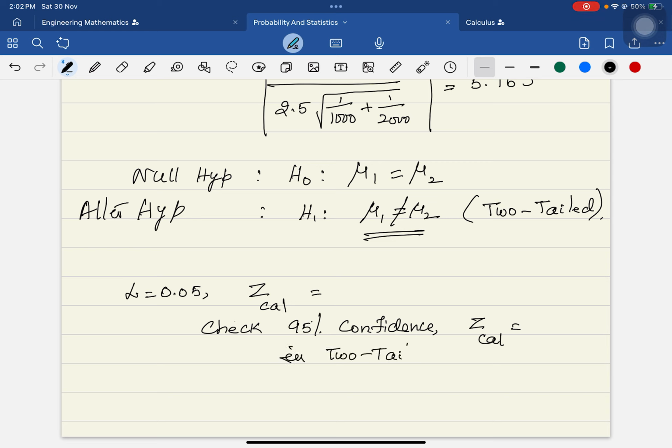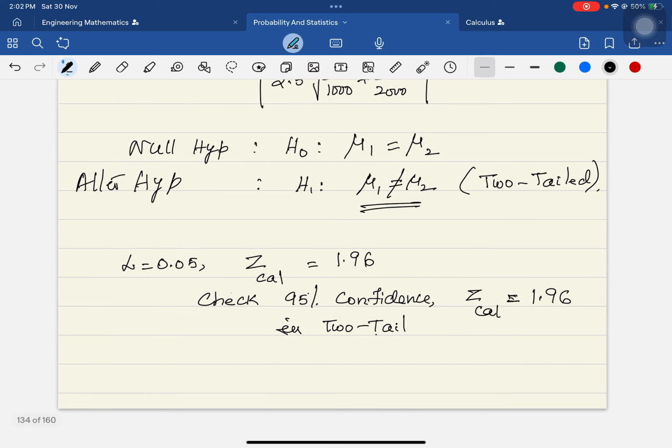This we have done in the previous lectures. I told you how to memorize these values: when two-tailed, at 95% confidence, the value is 1.96. It saves some time for you.